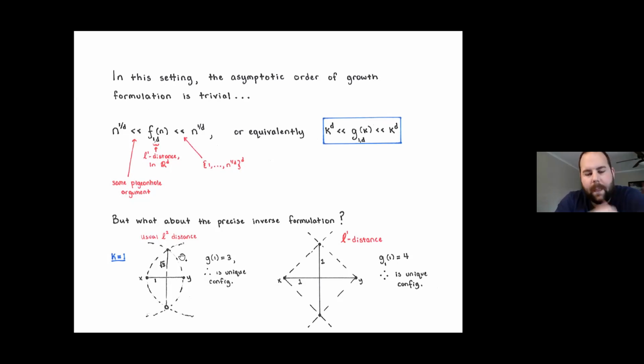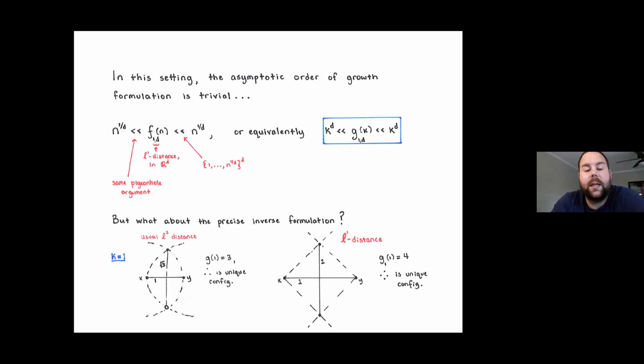So I mentioned the simplest case of 3 points determining one distance, right, which is an equilateral triangle. If you wanted to know the fastest way to prove that, other than just saying it's a standard fact of Euclidean geometry, you'd say, okay, take 2 points, X and Y, say they're separated by distance 1.